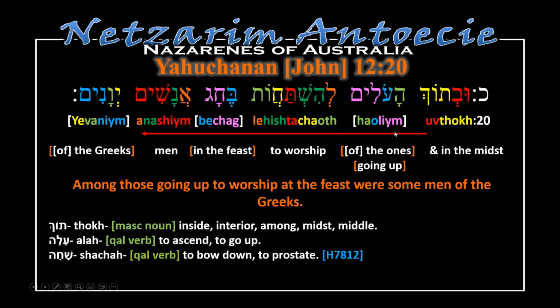ha'olim, now this time the ol, or the al in the middle means the going up, the ones going up, in the midst of the ones going up, because olim means like going, right? The goings. You could say it just simply means the goings up.